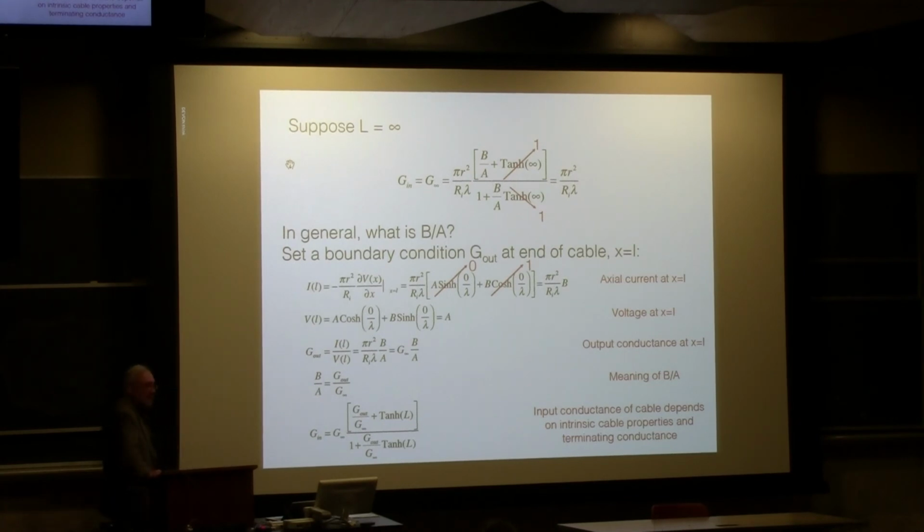And so why is that important? If we're going to inject current at one end of the cable, if we know the input conductance, we can compute the voltage at that site on the cable.